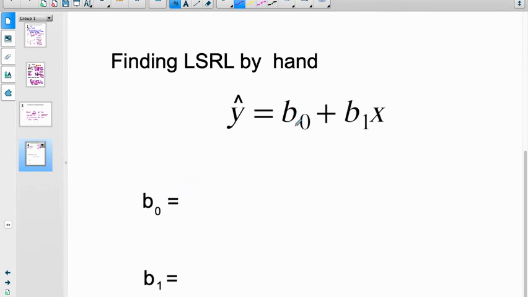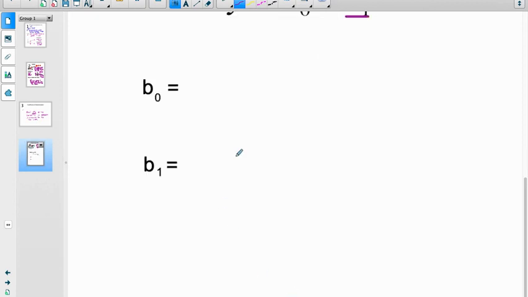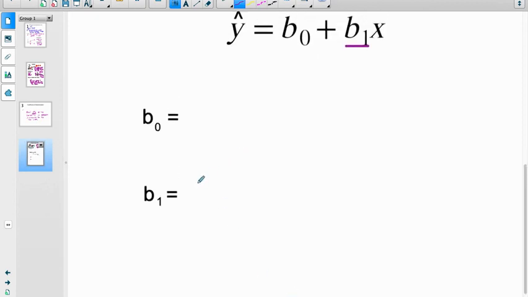To find the slope, you take your correlation coefficient r times the standard deviation of the y's over the standard deviation of the x's.